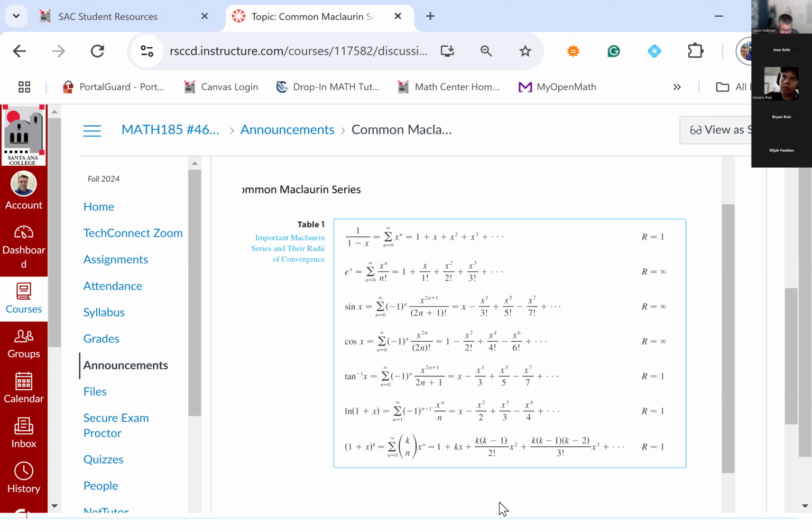One was 1 over 1 plus x, and one was 1 over 1 plus x squared. So we integrated both of those to get the inverse tangent and natural log functions. However, we could do this process of taking successive derivatives and then plugging it in as a Maclaurin series to get the inverse tangent and the natural log as well.